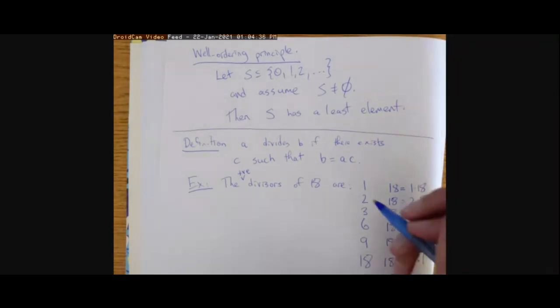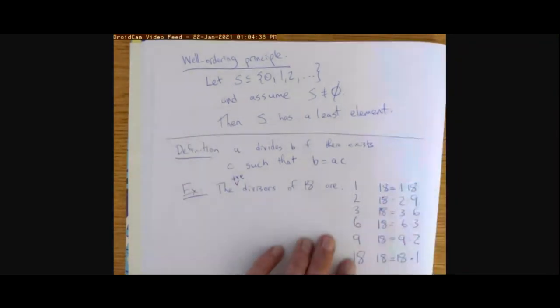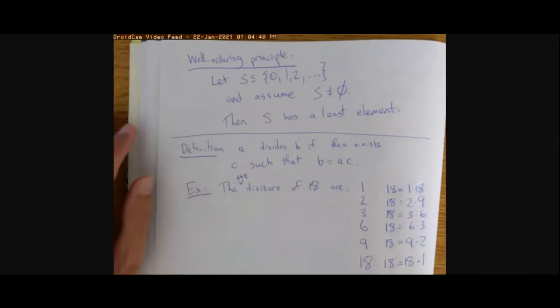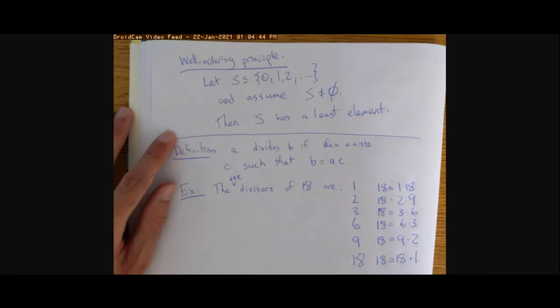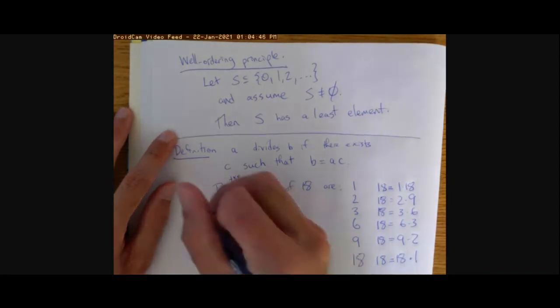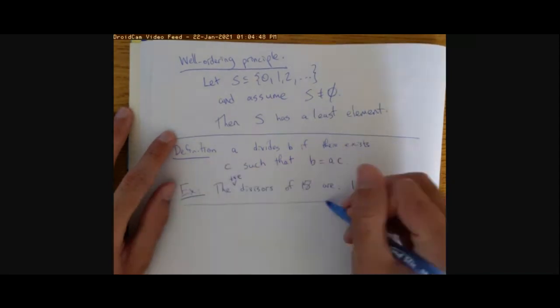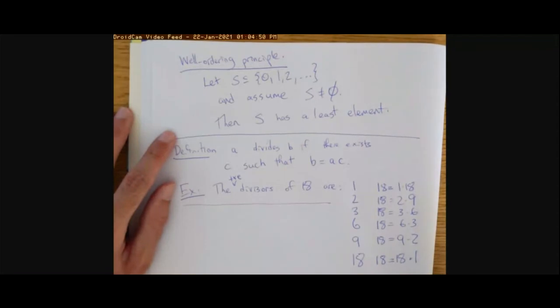If I want all the divisors, I can also include all the negatives of these numbers. And then you have other little tricky things, you can do a lot of the basic properties.